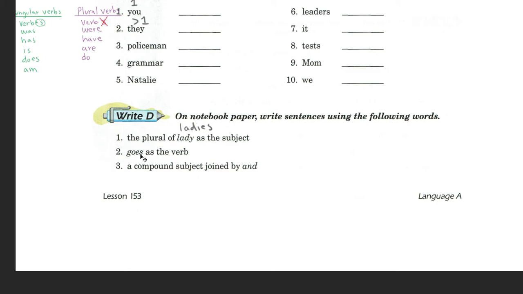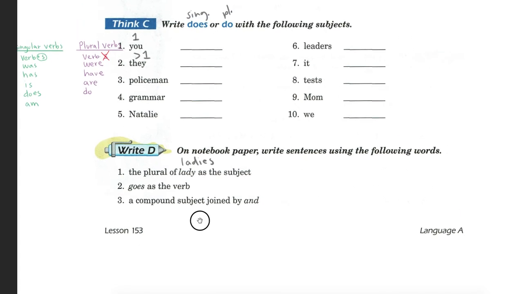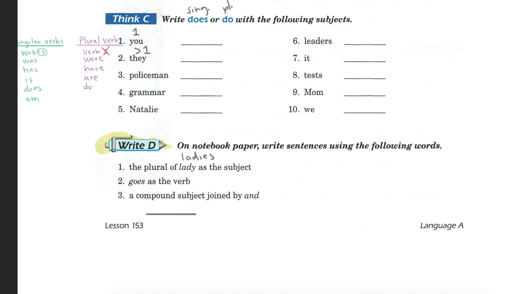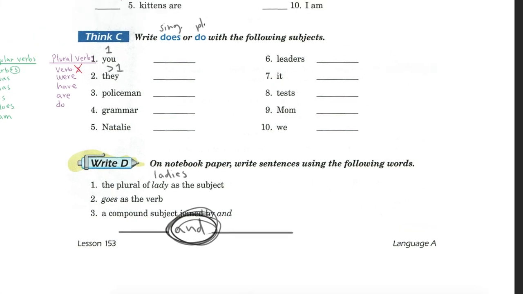So you write a sentence using goes as a verb. And number 3, a compound subject joined by and. So we just talked about compound subjects. So I need to see blank and blank. All right. So I need you to write a sentence using a compound subject, which is 2 singular subjects joined by and.